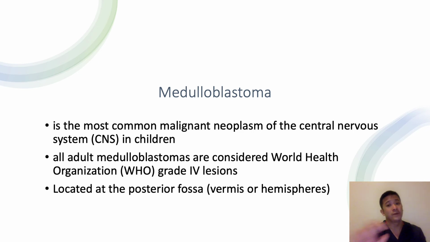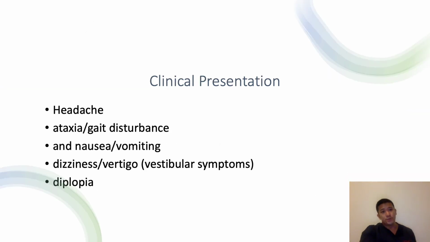So again, these are located at the posterior fossa, infratentorially, at the cerebellar vermis for kids, and in your cerebellar hemispheres for adults. Now these patients usually present with headache, ataxia, gait disturbance, nausea and vomiting, dizziness and vertigo, and diplopia.